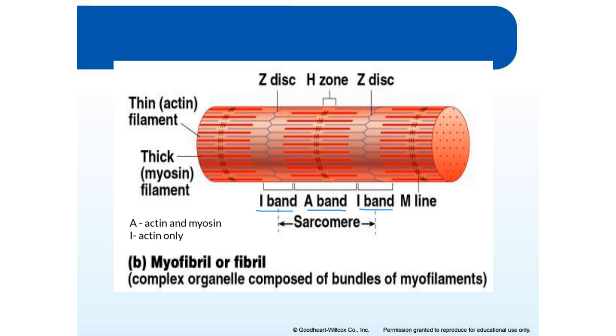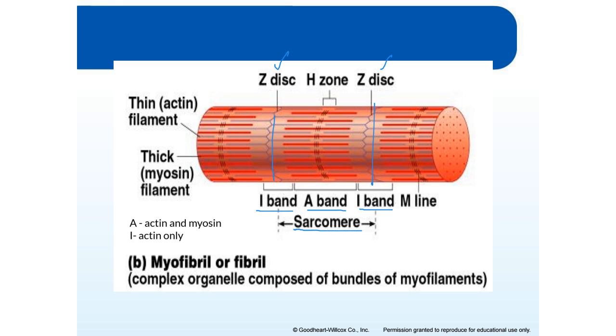On this myofibril we have a whole bunch of what are called sarcomeres. There's your spelling there, sarcomere. Your sarcomere is your functional unit. This is what's actually contracting in the muscle cell. The sarcomere runs from Z disc to Z disc. So from here to here, that's a sarcomere.